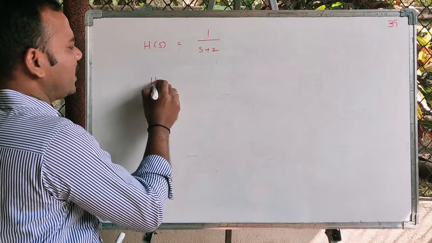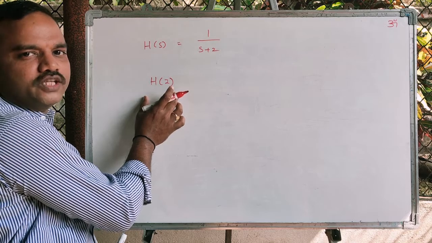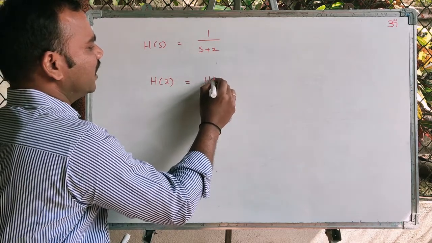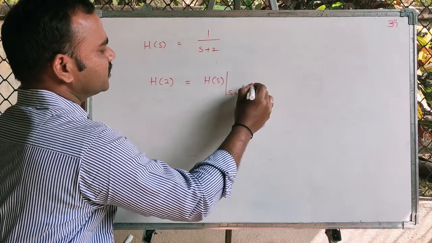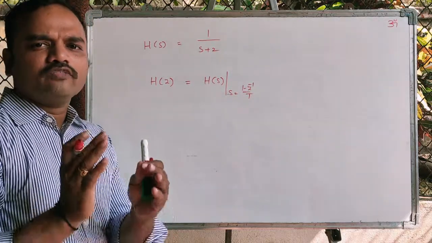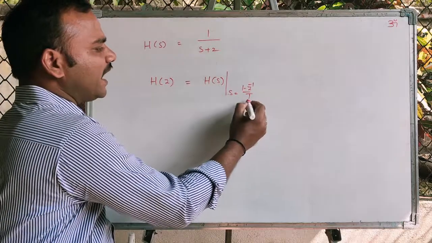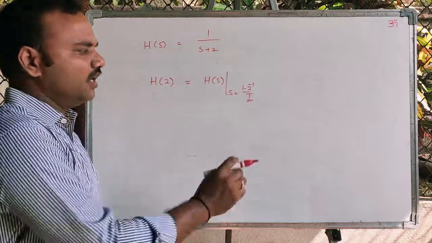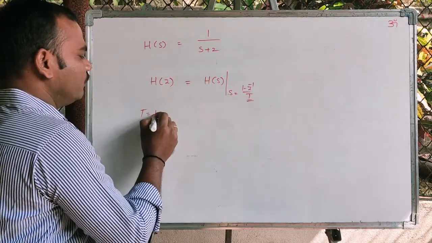If you want the corresponding digital filter H(z) using the mapping of differentials, then H(z) is equal to H(s) at s equal to (1 minus z power minus 1) by T. To convert an analog filter into a digital filter, we need the specification of the sampling interval T. We will consider this sampling interval T to be 1 second.